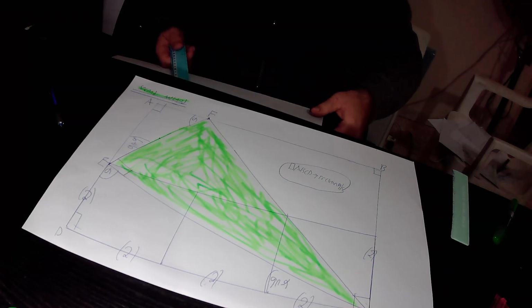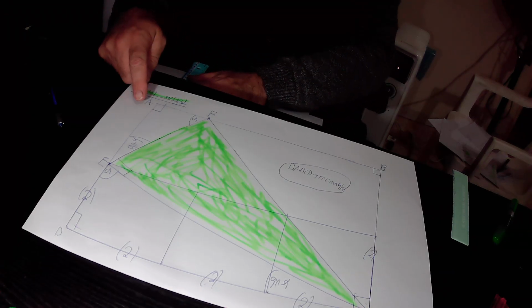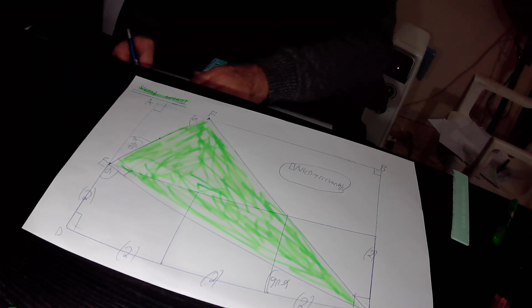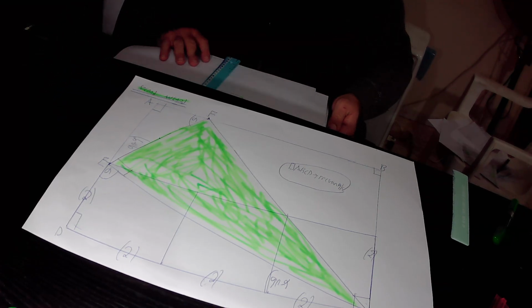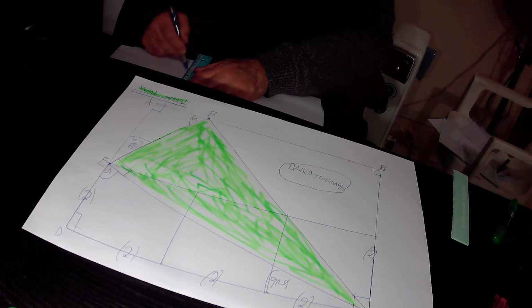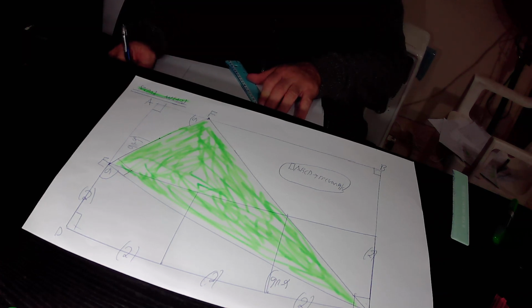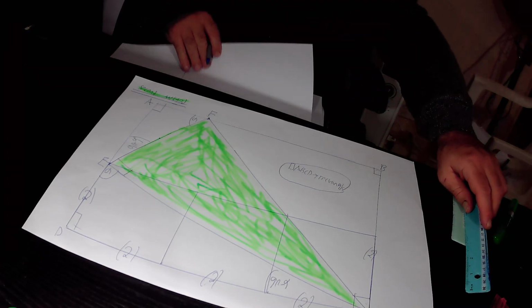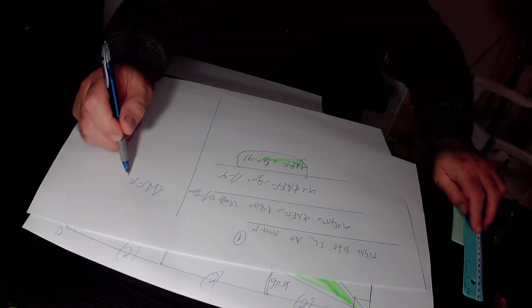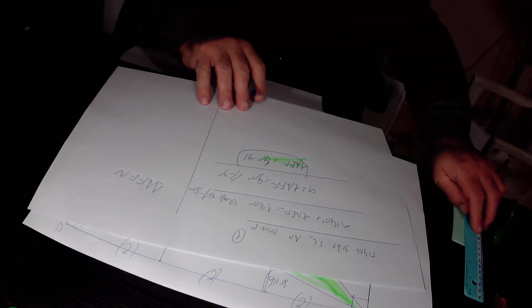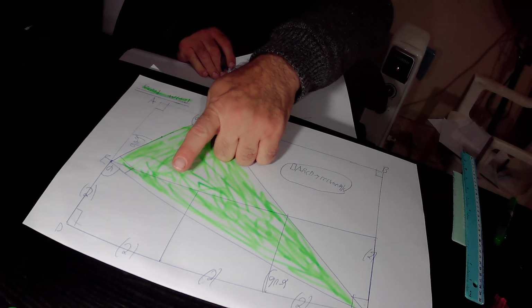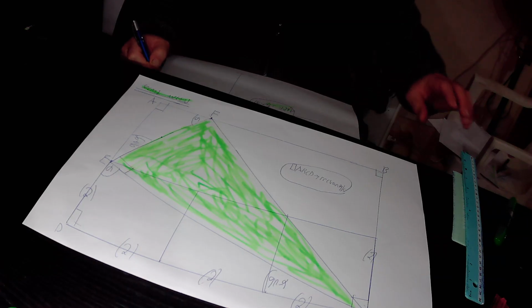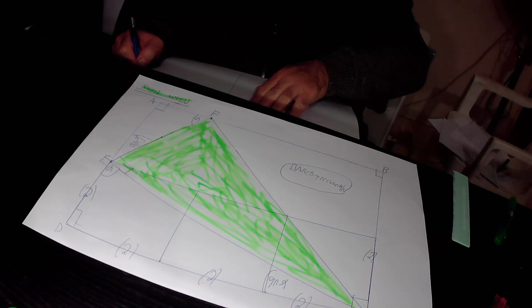We found out that this green right triangle AFE is similar to this lower right triangle EDC, according to the angle similarity rule.